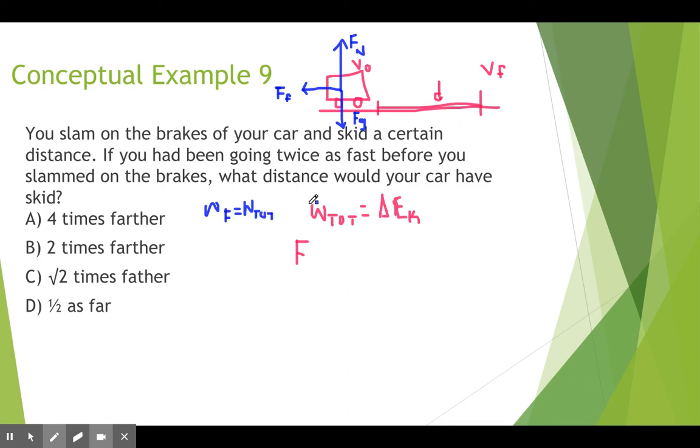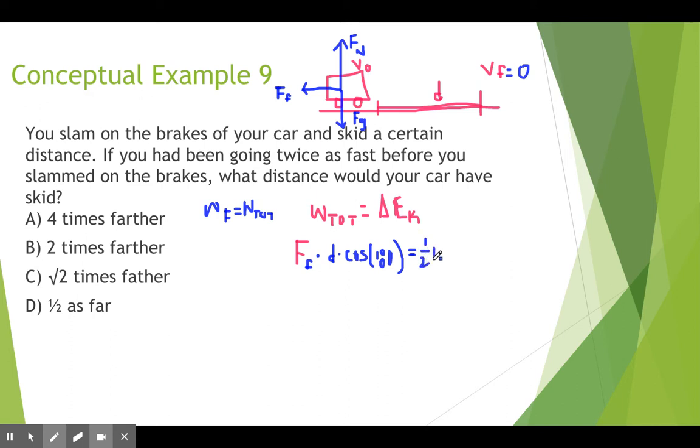The work done by friction is going to be that frictional force times the displacement times the cosine of 180, equal to the change in the kinetic energy. If you're skidding to a stop, which you hopefully are when you press on your brakes, the final velocity should be equal to 0.